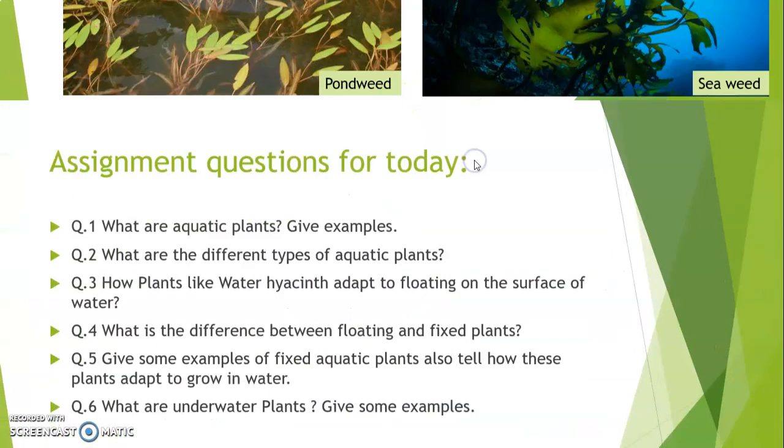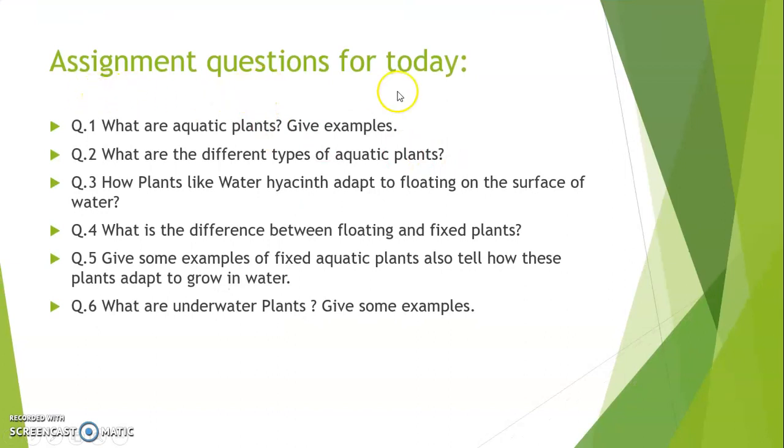So I hope you have understood the video. Based on the video, there are some assignment questions. What are the aquatic plants? Give examples. Second question, what are the different types of aquatic plants? Question number 3, how do plants like water hyacinth adapt to float on the surface of the water?